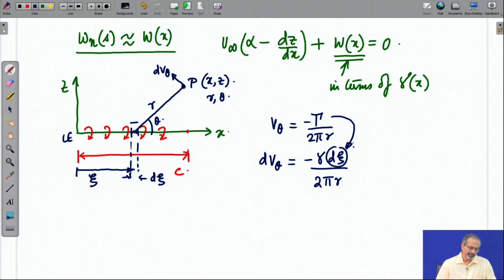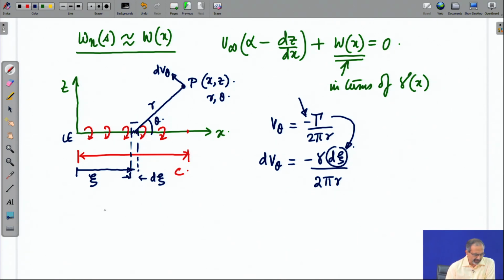And remember that v theta is positive when it is counterclockwise, while gamma is considered to be positive when it is clockwise. Therefore, a clockwise gamma will end up producing a clockwise v theta. Keep this in mind. That comes from the negative sign in this expression.